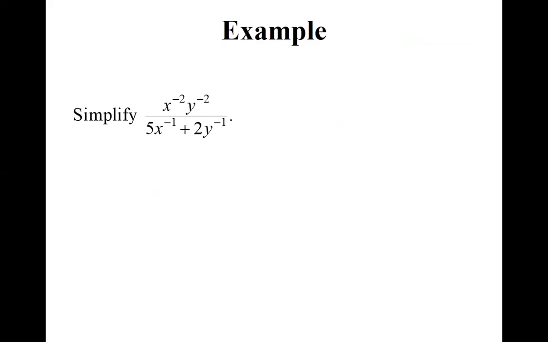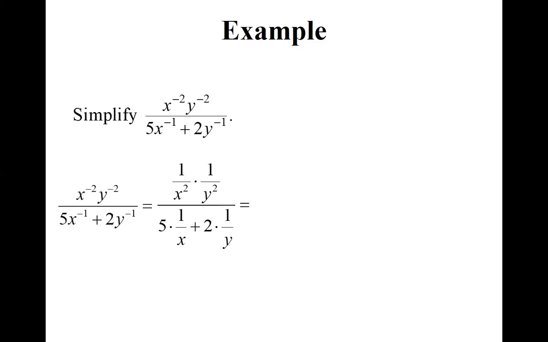So to clarify everything I've been saying about these negative exponents, x to the negative 2 is 1 over x to the positive 2. Y to the negative 2 is 1 over y to the positive 2.